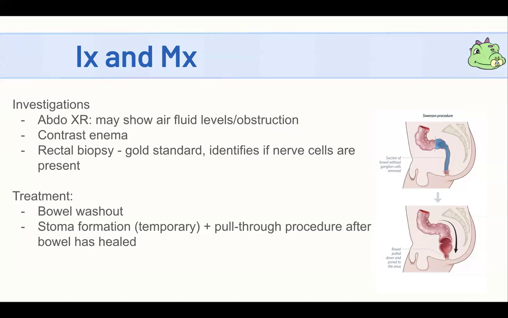And after that's healed, you do the surgery, which is the pull-through procedure, and that basically reconnects the bowel again to the rectum. So there are different types. The diagram here shows the Swenson procedure, but I don't think you need to go too much into detail about what it is, just an overview of the treatment, which is the pull-through procedure.